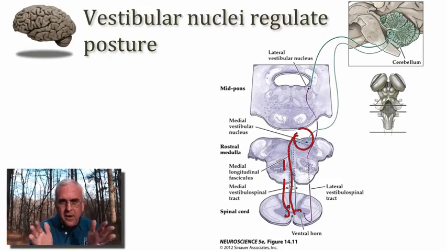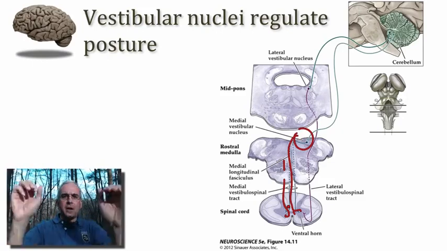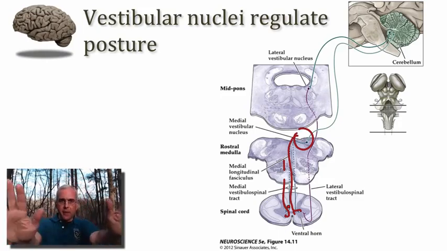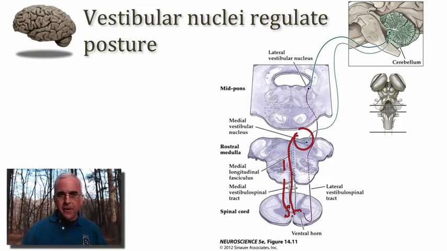Activation of the superior canals will lead to the dorsal flexion of the neck and the extension of the arms. This is a vestibulocervical reflex connecting the vestibular system to the cervical spinal cord, and it's bilateral. Okay, so that makes good sense. We want bilateral extension of the arms, and we want to be able to pull the head back symmetrically on both sides of the neck.